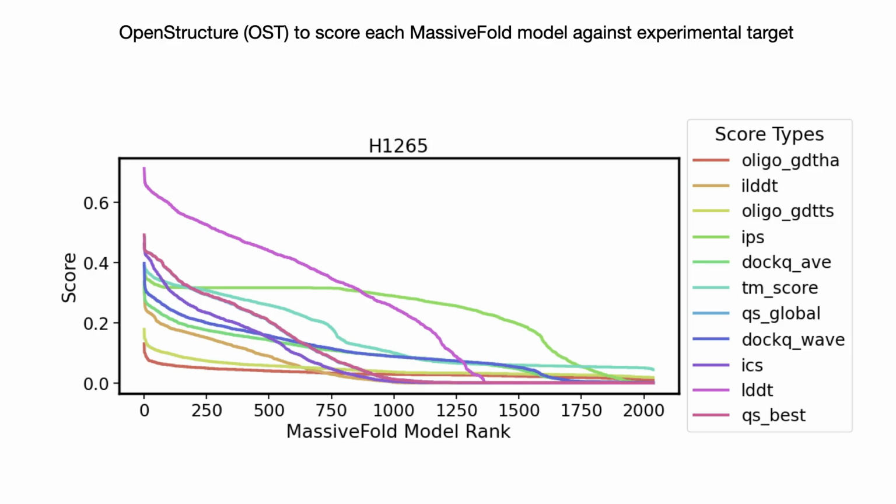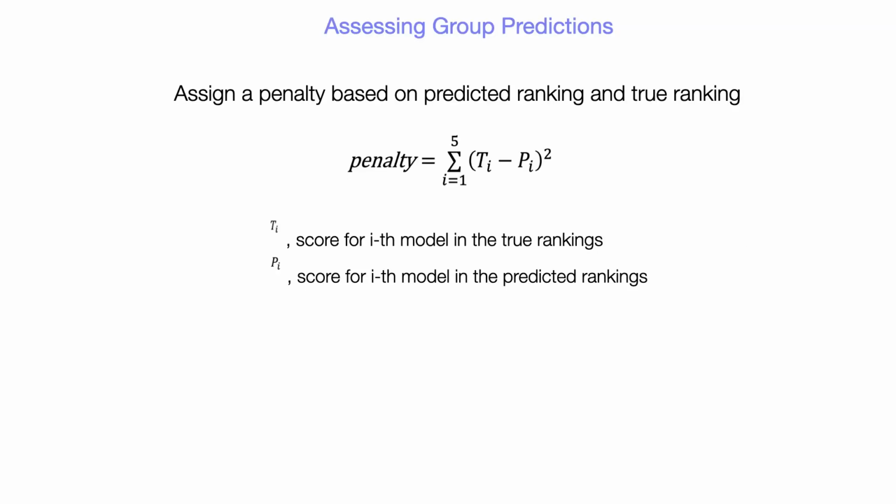And so when assessing how well somebody had picked out the top 5, we wanted to make sure that we weren't overly penalizing somebody for picking, say, model 100 and placing it first, in the example I showed just a second ago. What we converged to in terms of how to do this was a penalty-based initial processing of ranking. To each predictor group, we assigned a penalty for a score type for every target.